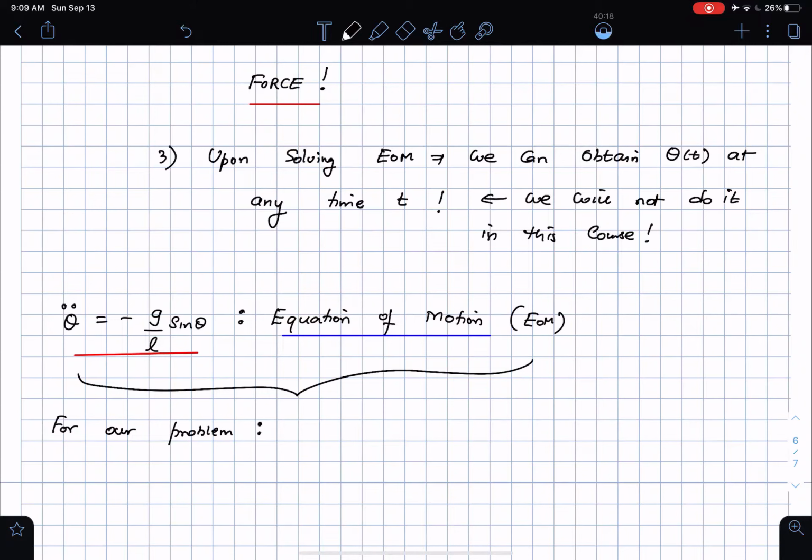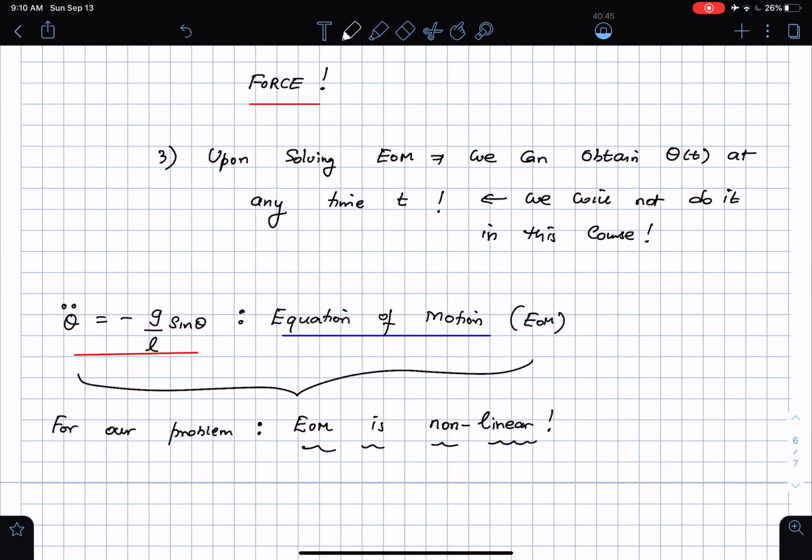For our problem, because of the presence of sine theta, the equation of motion is non-linear, which means that the solution is going to be fairly difficult. Mostly the solution is obtained by means of numerical methods, which I'm sure you have taken in a numerical methods class, or are probably taking currently. So those are the techniques that you're going to be using there.